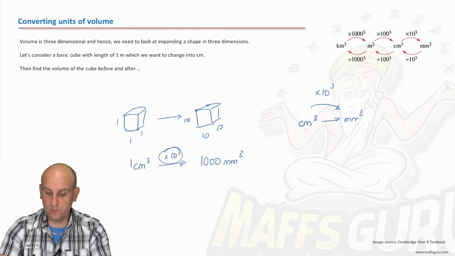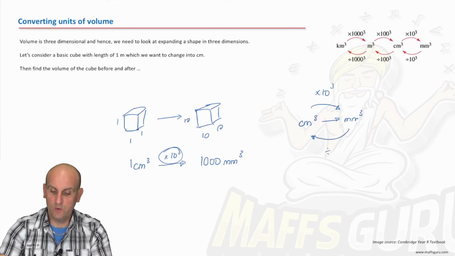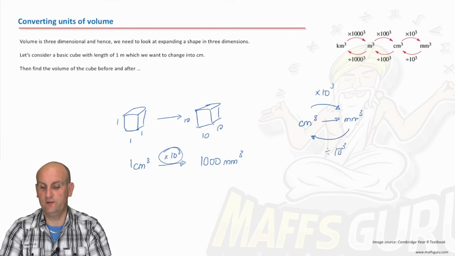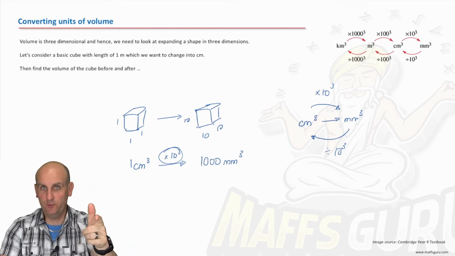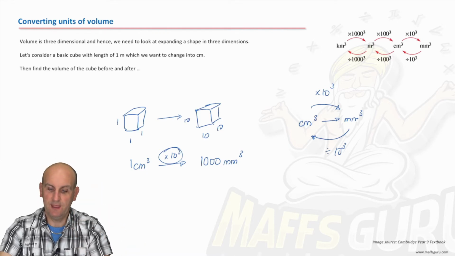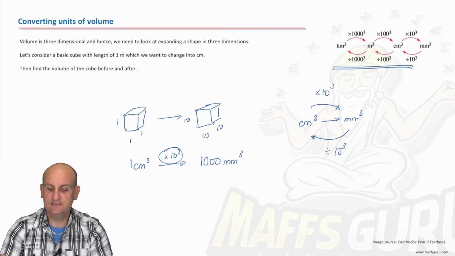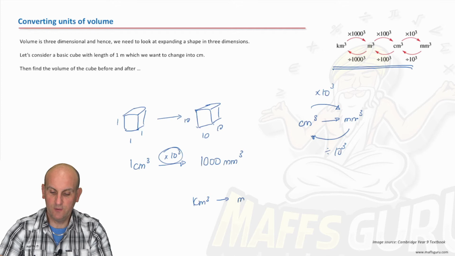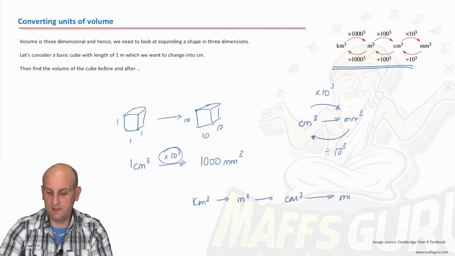Now when we go backwards through it, what does that suggest? We would divide by 10 to the power of 3, because what we do forwards, we need to do backwards. And this diagram here is giving you the conversions from kilometers cubed into meters cubed, into centimeters cubed, into millimeters cubed.